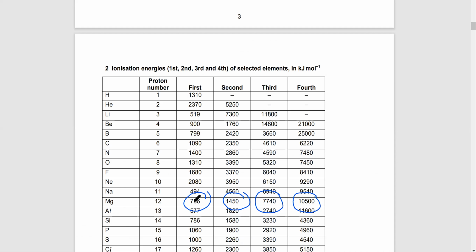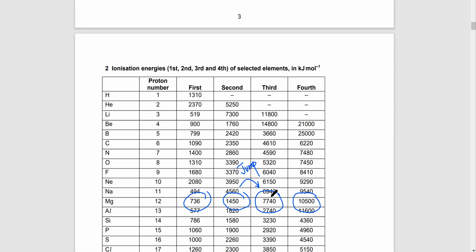But if you look at the values 736, 1450, and then all of a sudden it's 7,000, this is the point where the jump takes place. That means a shell has changed. The first two electrons were easy to remove, so they must be in the outermost shell. The third and fourth electrons are now inside, closer to the nucleus, so they're harder to remove.